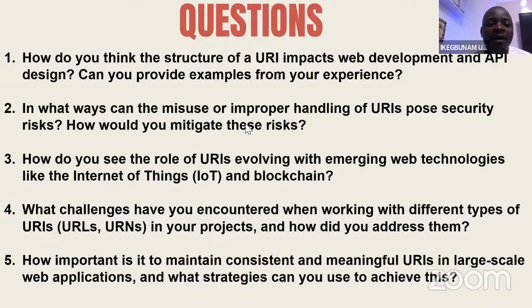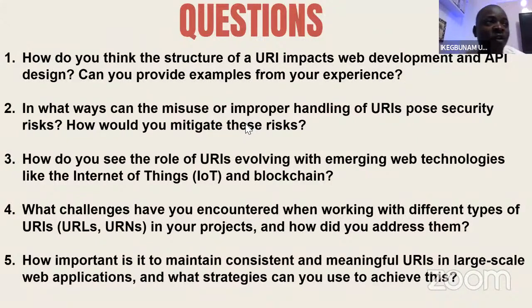When we're talking about the structure of a uniform resource identifier, first we have protocols: HTTP, hypertext transfer protocol, and HTTPS, hypertext transfer protocol secured. The first part of the structure is the scheme, which is the HTTP.